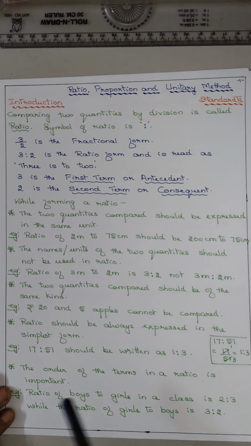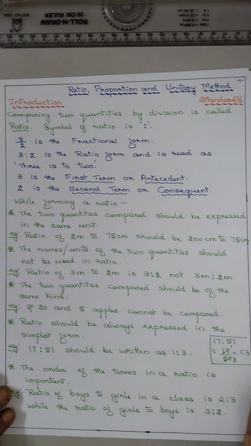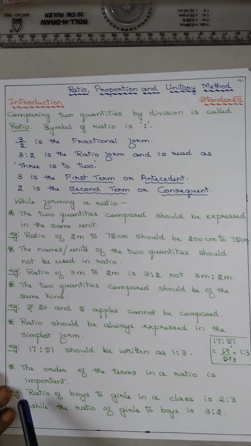Next, the order of the terms in a ratio is important. The first term should be written first, second term should be written second. You can't interchange. So the ratio of boys to girls in a class is 2:3, while the ratio of girls to boys is 3:2.